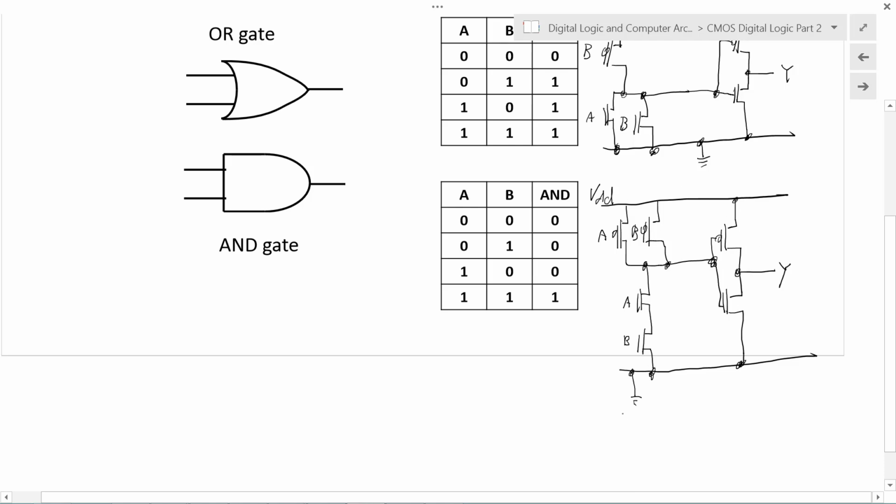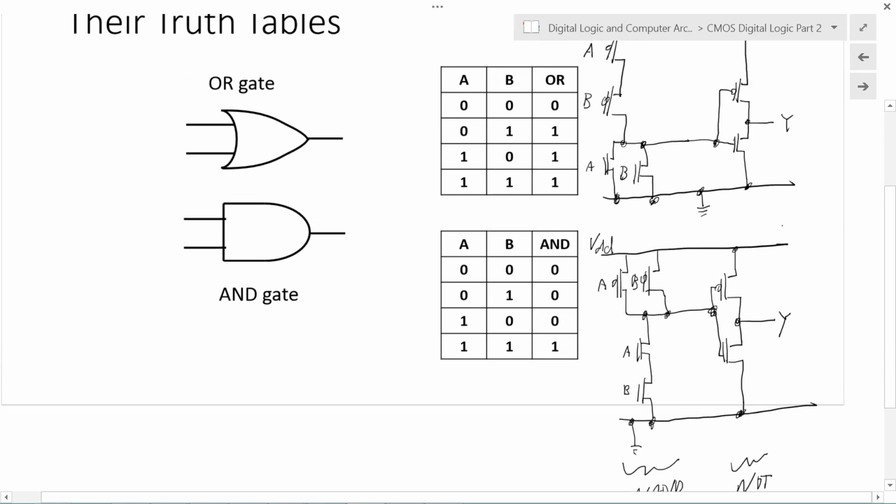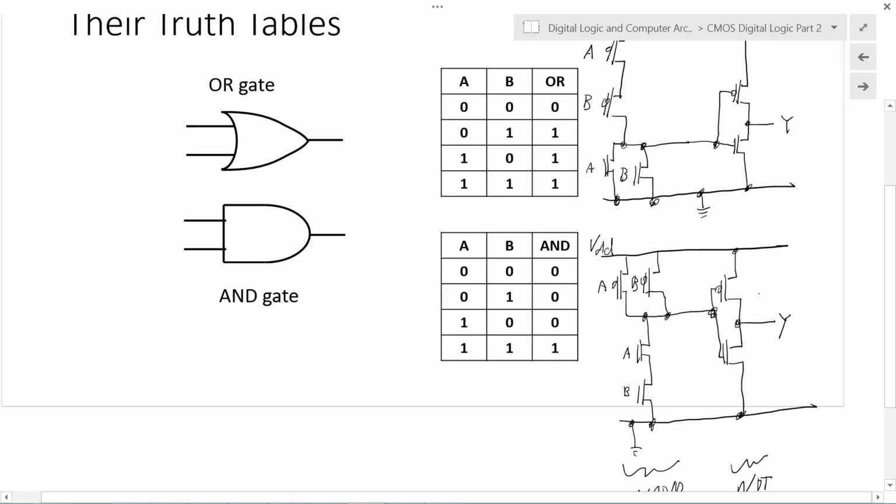And we have our NAND gate on the first stage and our inverter, or NOT gate. So this is how you would implement an OR gate and an AND gate in CMOS.